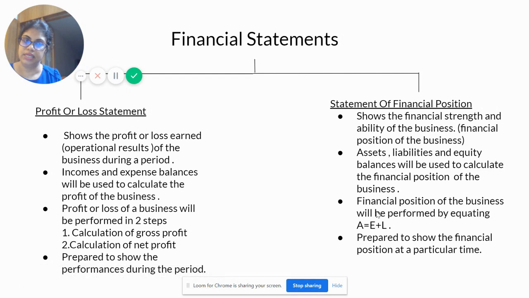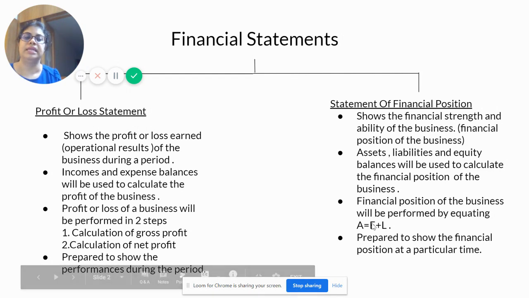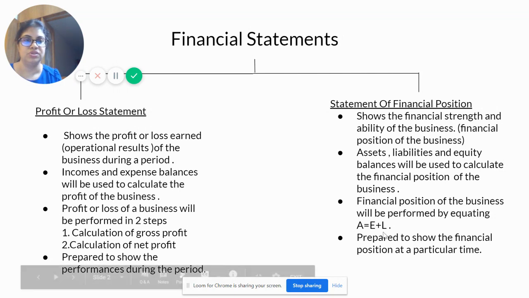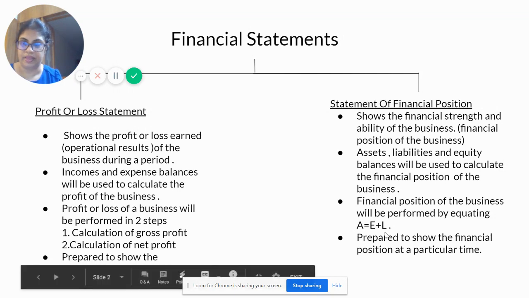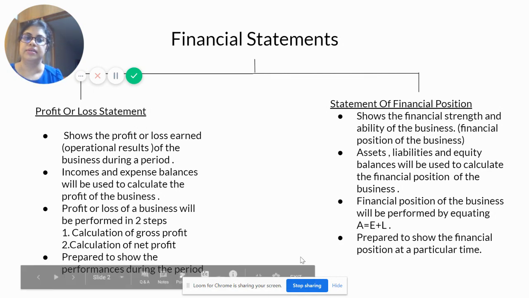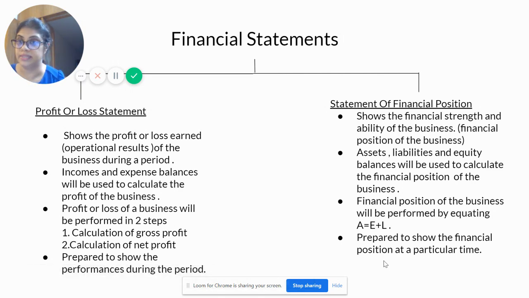And in the statement of financial position, that is done by equating the total value of assets of the business to the equities and the liabilities of the business. Profit or loss statement is prepared to show the performances during the period, but the statement of financial position will show the financial position of a business at a particular point of time.